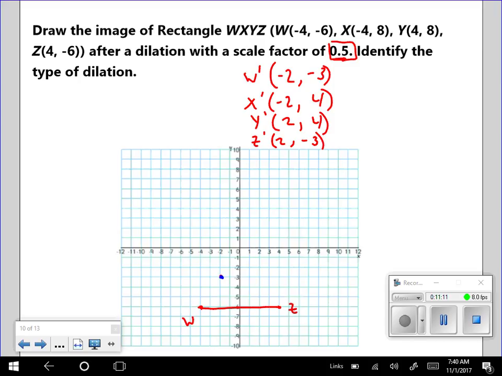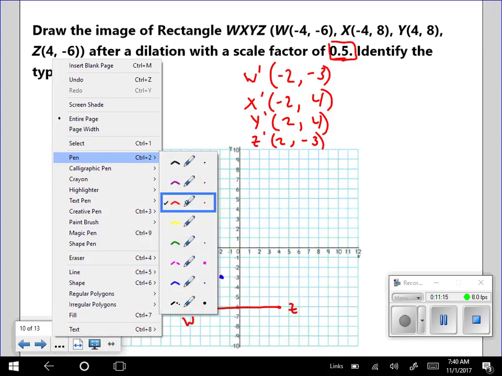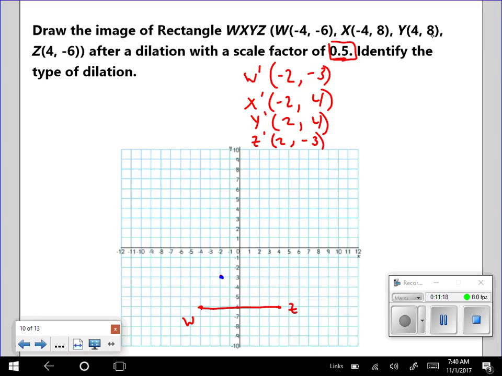So those are at -6, but -4, 8, and 4, 8 are way up here. So that would be X and Y. Oof. Some days, you know.